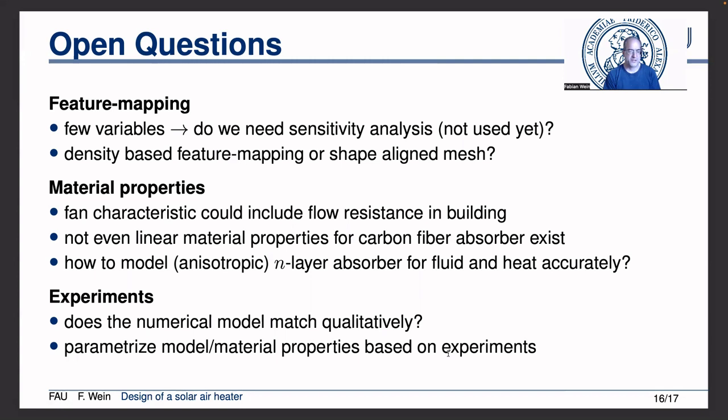I guess what is really essential to assist this numerics are experiments to check whether numerical models can match experimental setups, and hopefully one can find parameterized model, material and fan properties based on experiments.